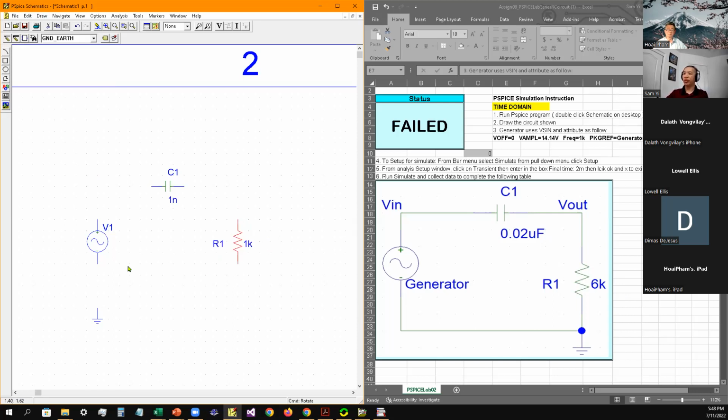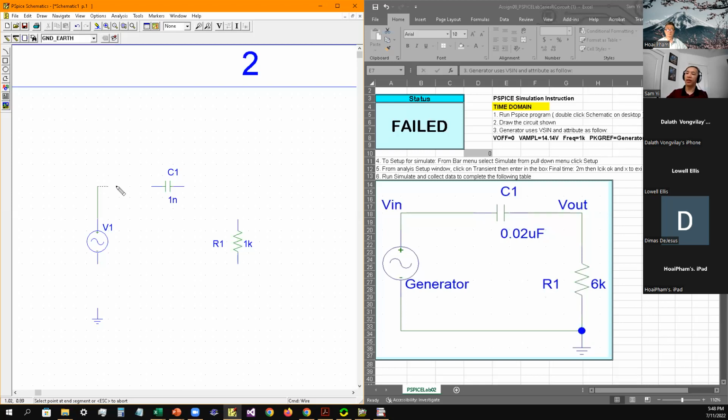Now, in order to connect the circuit together, go to Draw, Wire. Now you can connect the wire. Start at one of the leads.